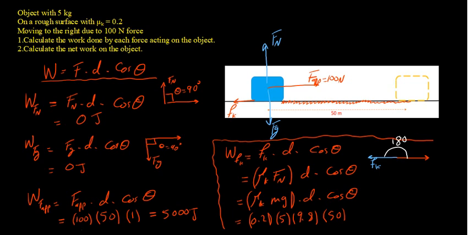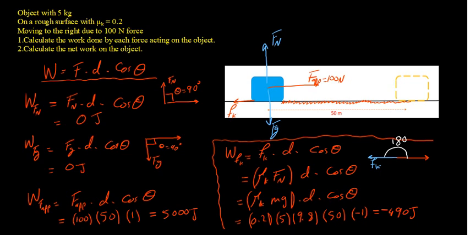So cosine 180 degrees will give me -1. Now let's do the calculation. That will give me a negative 490 joules. That's how much work is done because of the friction force.